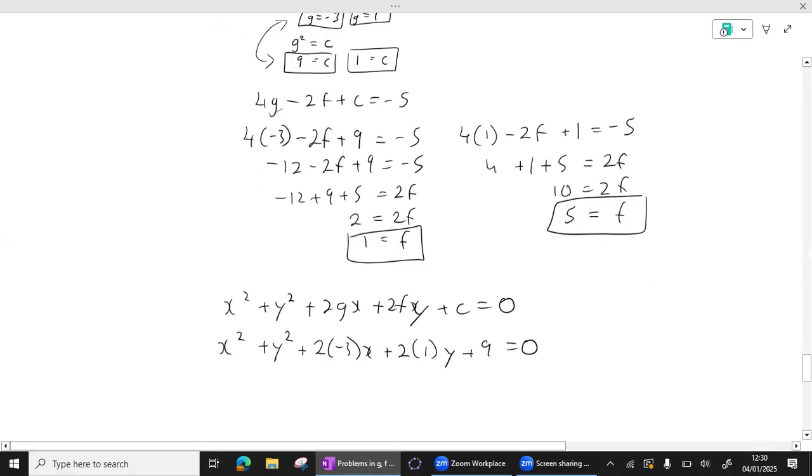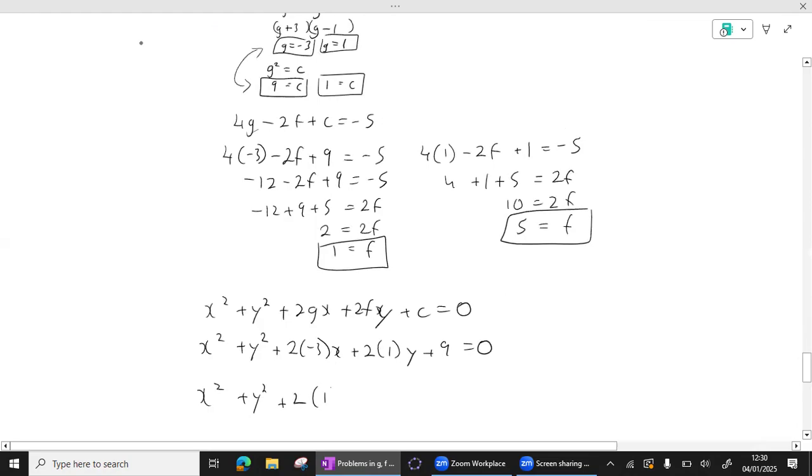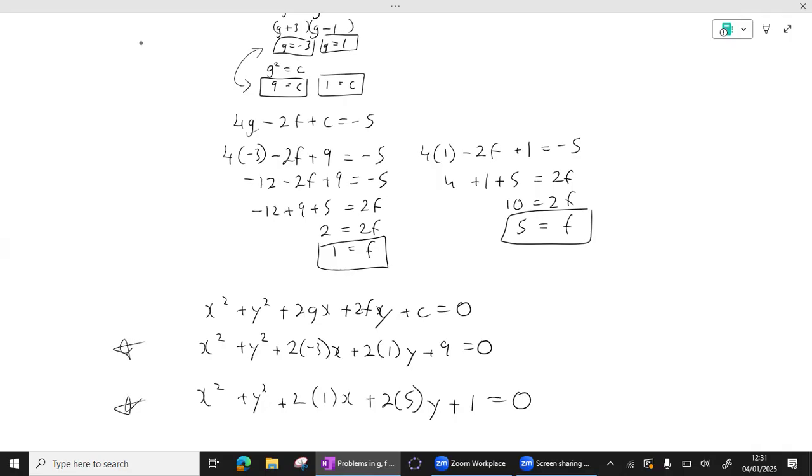And then I do exactly the same for the other one. Now, obviously, I should be working that out, but I'm just conscious of the time here, because if the video goes too long, I will not be able to put it up on YouTube. So all I'm doing is filling in the g and the f and the c for each one, and then multiplying it out, and you get your two answers.